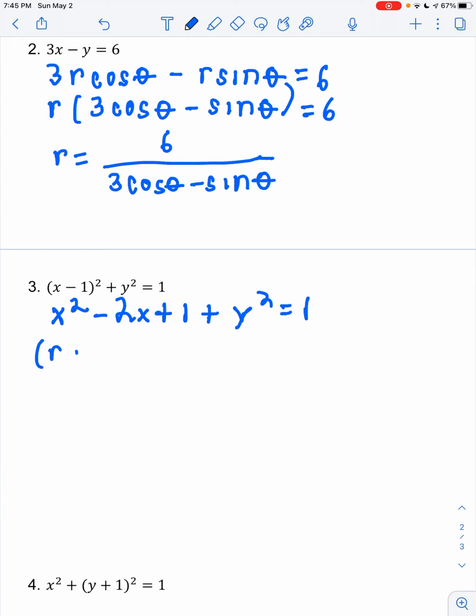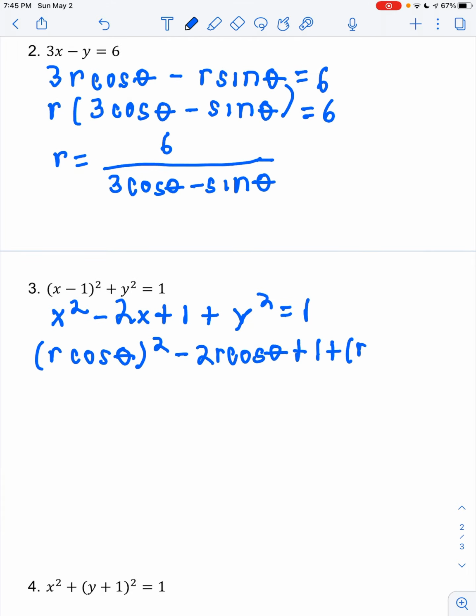So we have r cosine theta quantity squared minus 2 times r cosine theta plus 1 plus the quantity r sine theta squared equals 1. That kind of goes a little off the screen.